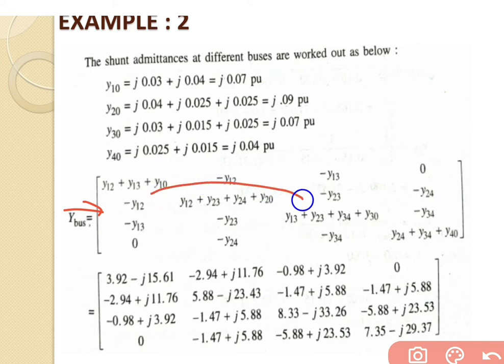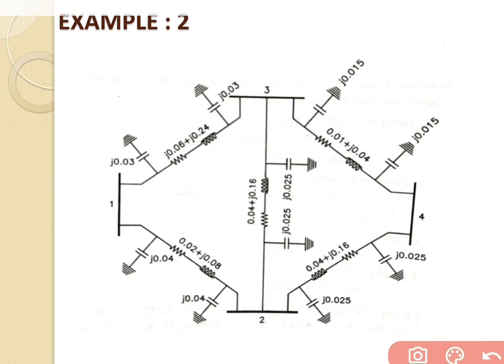If we go for bus number 2, y22 is equal to y12 plus y23 plus y24 plus y20. For that, go to the figure. There are 4 buses.